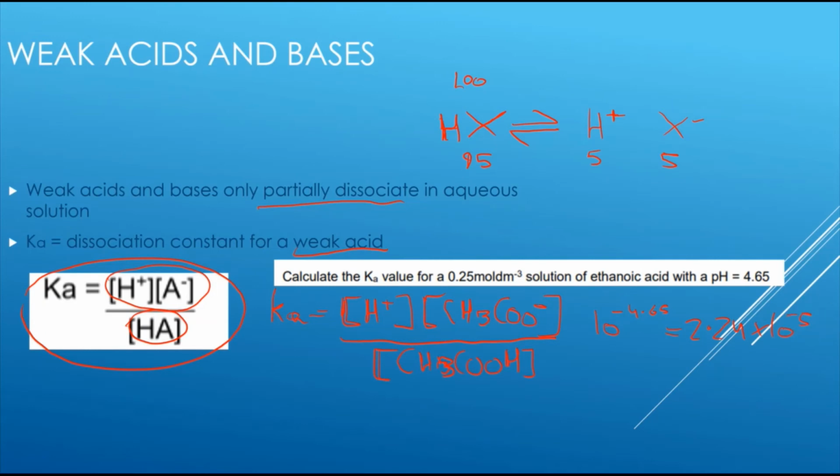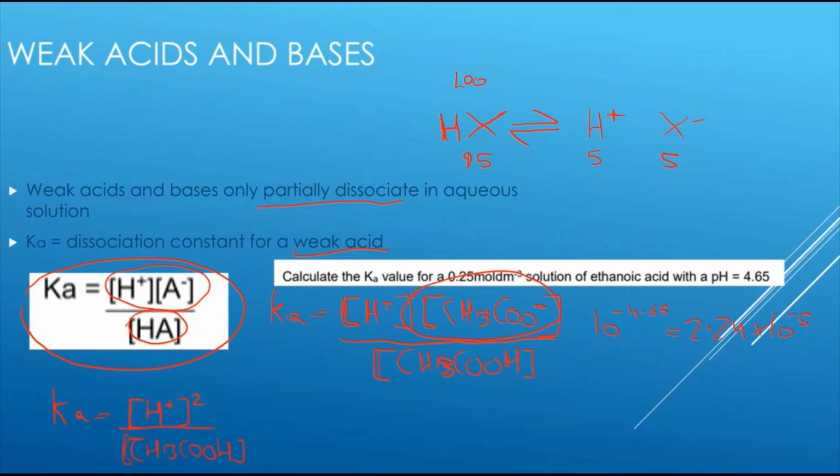Now we've got the value for H+ and the ethanoic acid concentration, but we do not have the concentration for CH3COO-. So what I would write down now is that Ka is equal to H+ squared over the concentration of ethanoic acid.